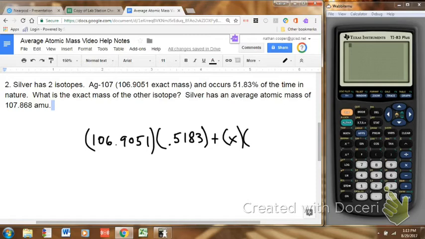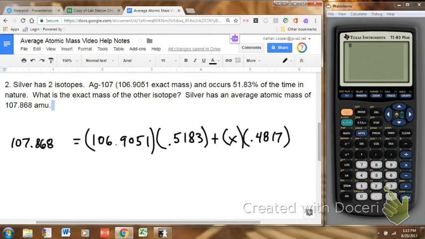So 100 minus the 51.83 is going to give me the second isotope being 48.17% abundant. I am given the average mass. I'm not looking for average mass because it tells me in the problem the average mass of these two isotopes together is 107.868. So I'm solving for x.